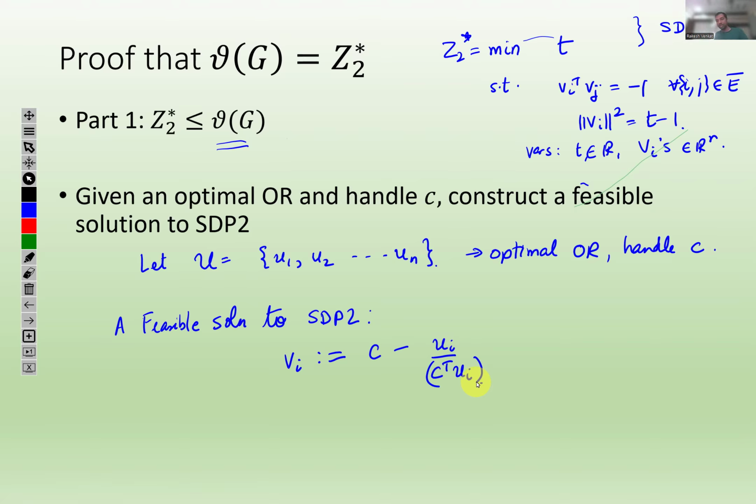So these are my vectors which are feasible at this point.